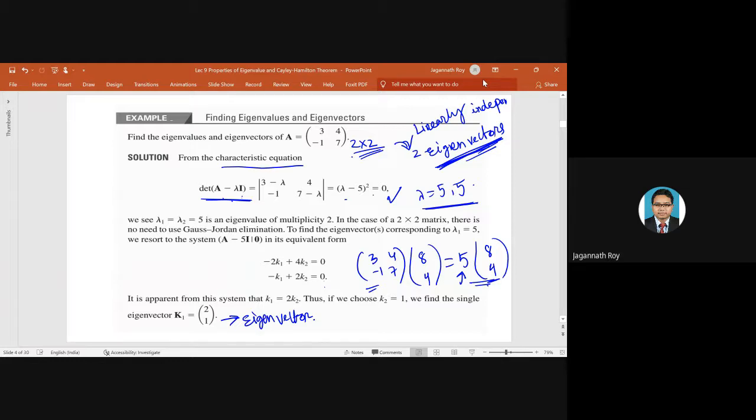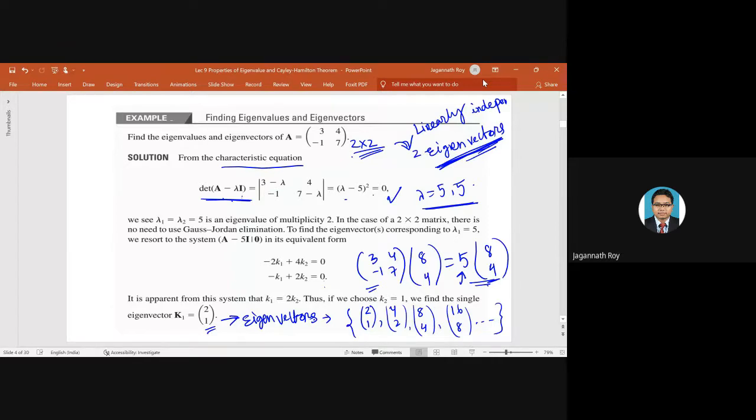So we may have many eigenvectors. Suppose this is x. x can be 2, 1, it can be 4, 2, it can be 8, 4, or 16, 8, and so on. So there will be an infinite number of possibilities.